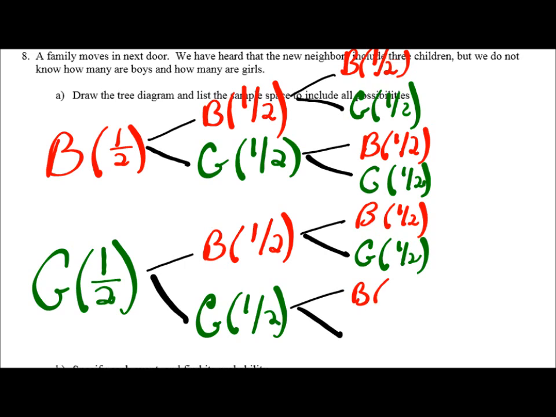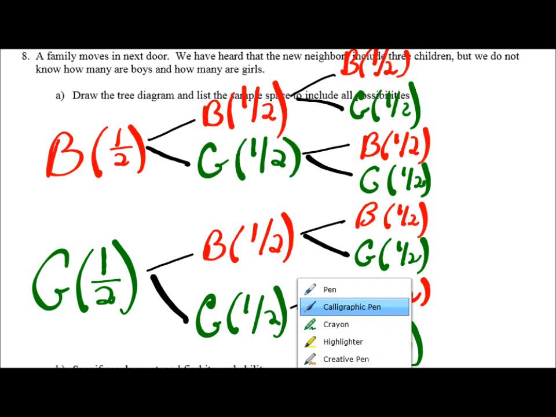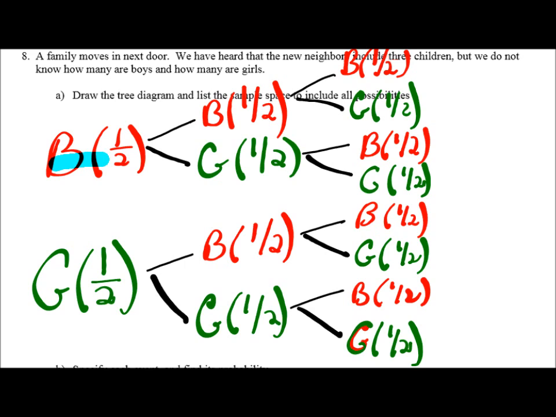And isn't this fun? And so here's all the possibilities. We could have had a boy, then a boy, then a boy. We could have had a boy, then a girl, then a girl. We could have had a boy, boy, girl.